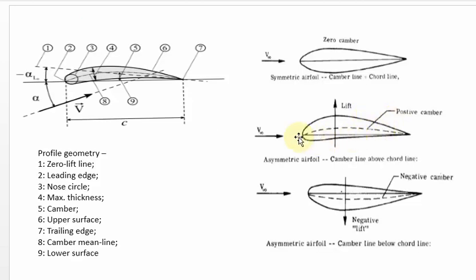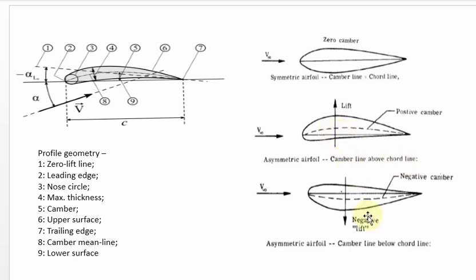Here is my leading edge and this is the trailing edge. The line joining the leading edge and trailing edge is called the chord line. The line that exactly divides the aerofoil into two portions is your camber line. When the mean camber line is above the chord line, it is called a positive cambered aerofoil.